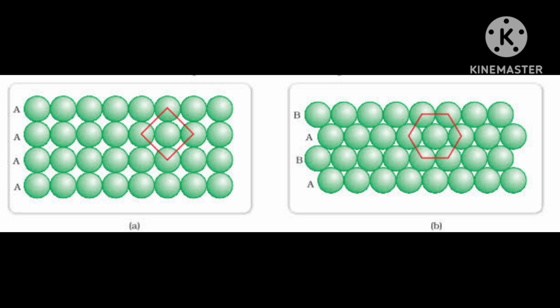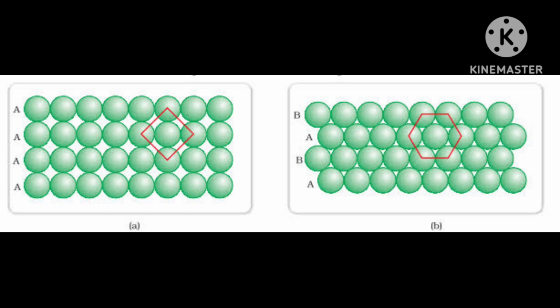The first means the second row may be placed in contact with the first row such that the spheres of the second row are exactly above those of the first row.